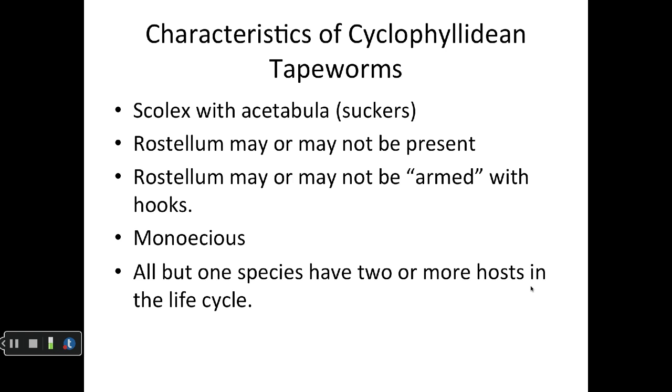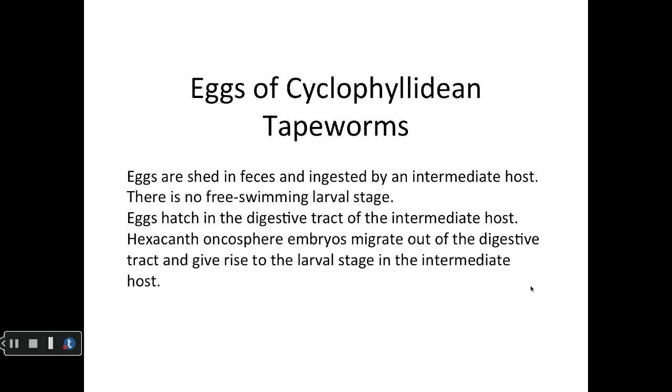And all but one species in this large group have to have two or more hosts in their life cycle. And in just a bit we'll talk about the one example of a species that has lost the requirement for two hosts. The eggs of these tapeworms are shed into the feces and are typically ingested by an intermediate host in the life cycle.